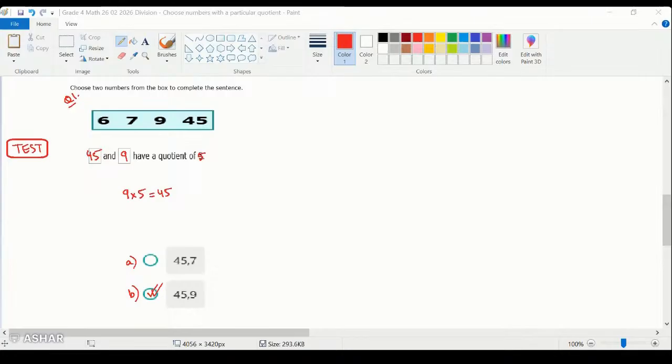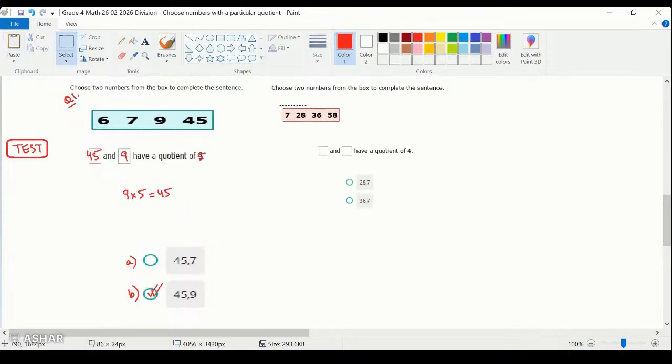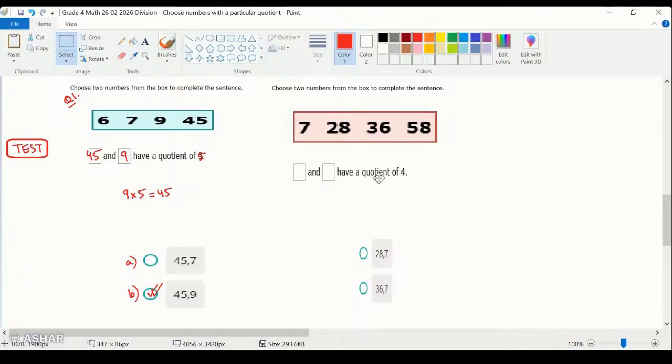For the next question, they're saying choose a number from the box which completes the sentence. If the numbers given are these, the sentence given is this, and the number options given are these two.